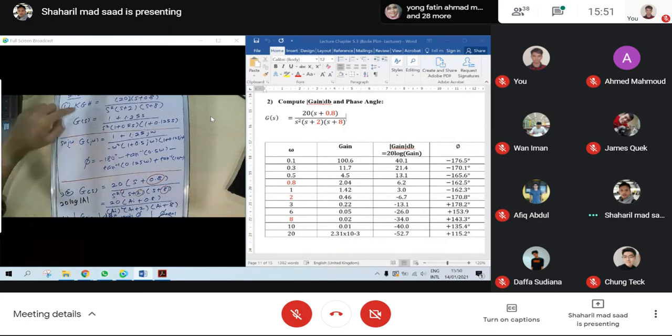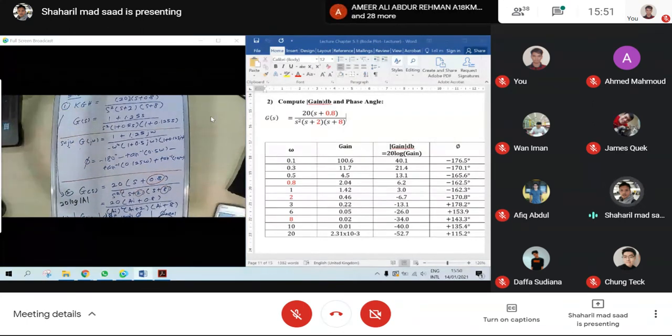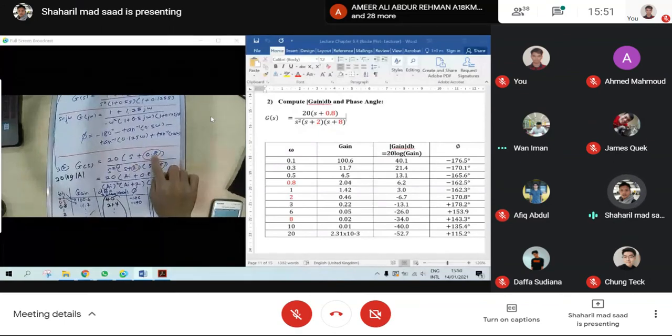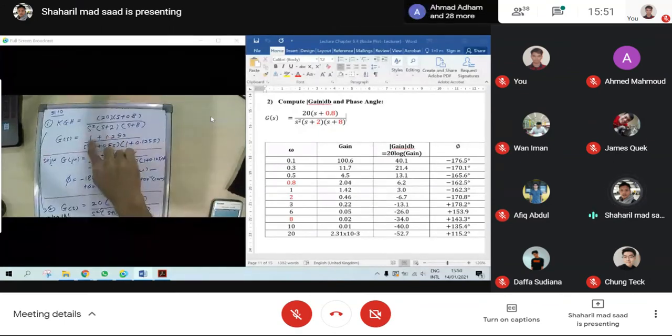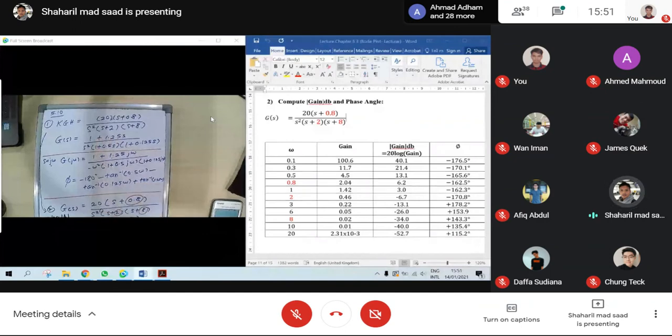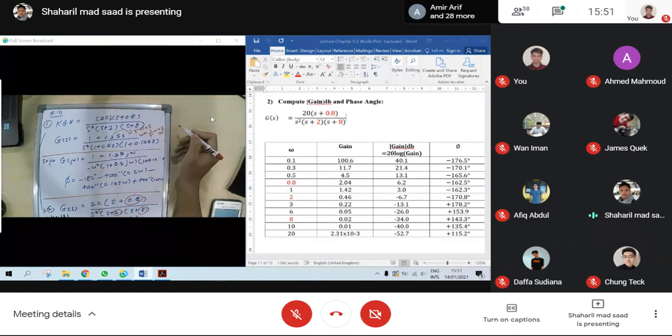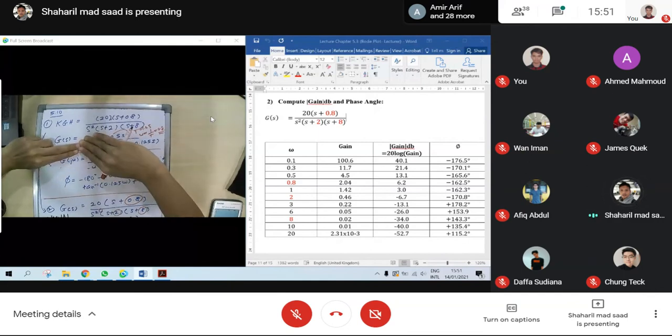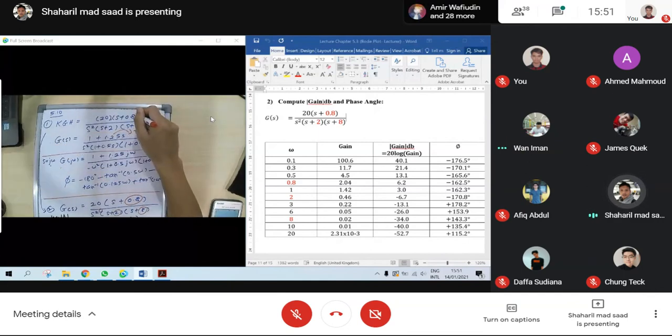Alright, and before this, in order to find the guideline, we use this one, 1 plus 1.25s, and this 1.25 represents the T. Then you get ω is 1 over T, so you get 0.8 actually. Okay, so you can skip this one, and then you can straight away use this value as your guideline.